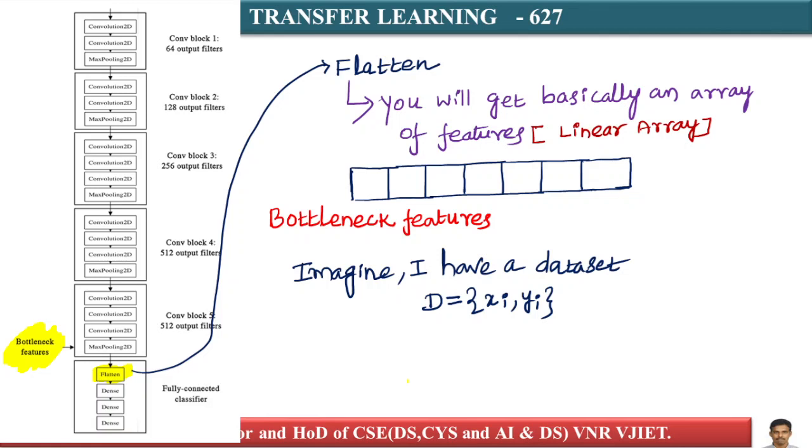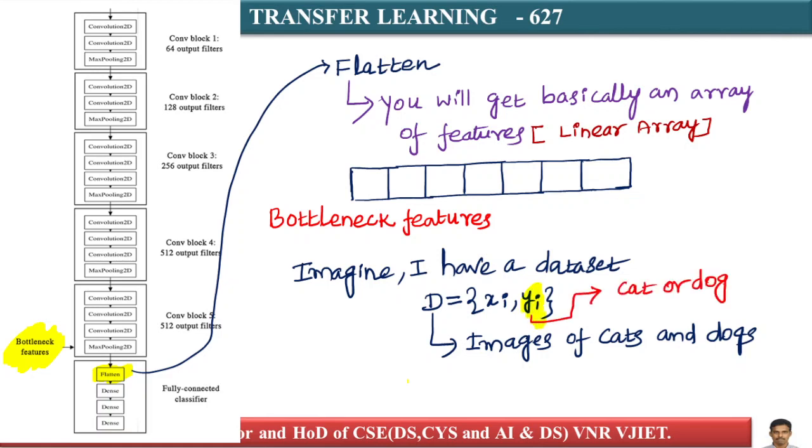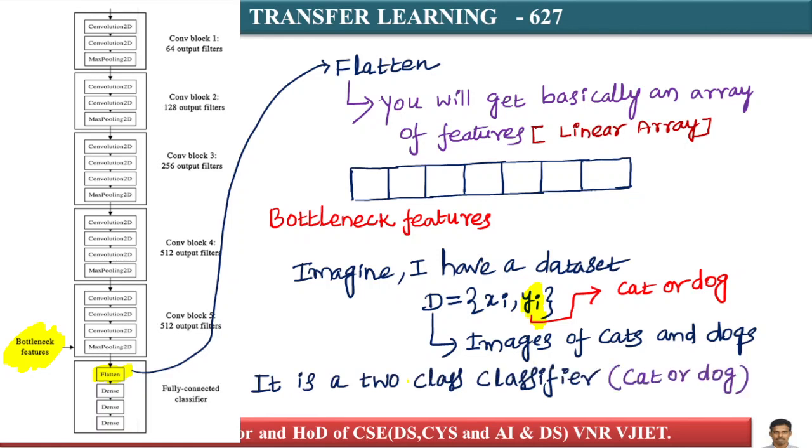Let's assume these are images of cats and dogs. My yi is basically cat or dog. I can say it is a two class classifier. Xi, what is xi? These are actual images.